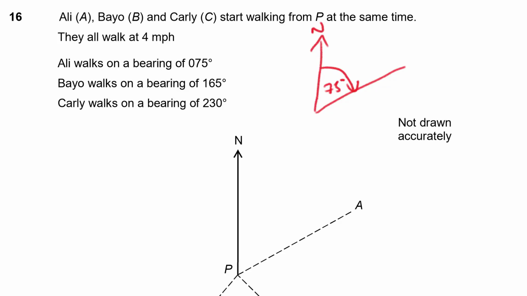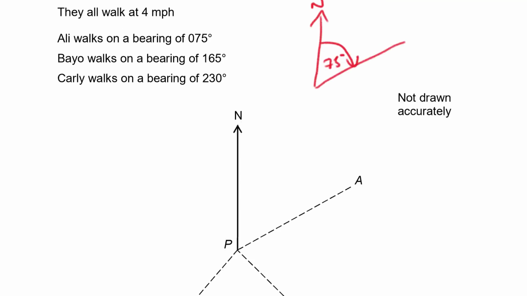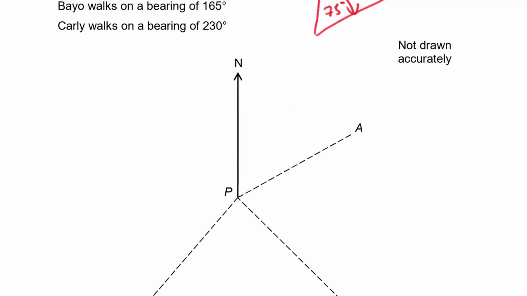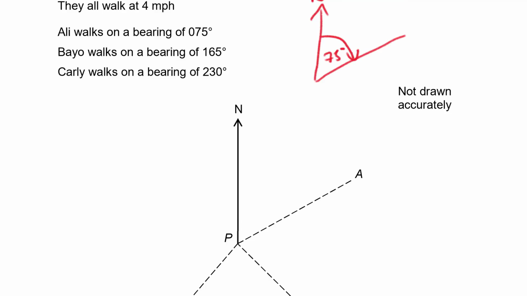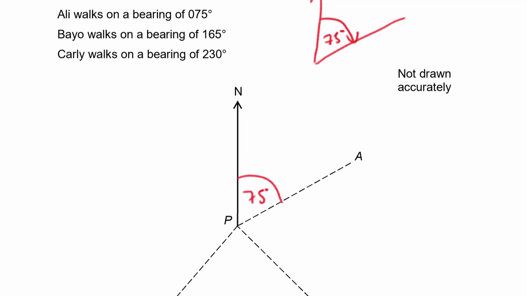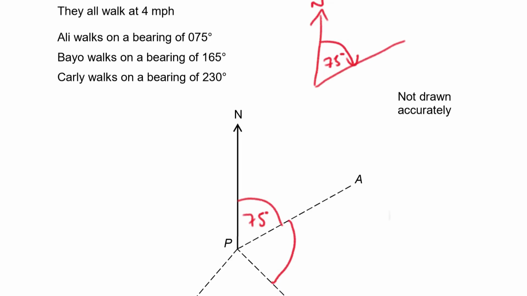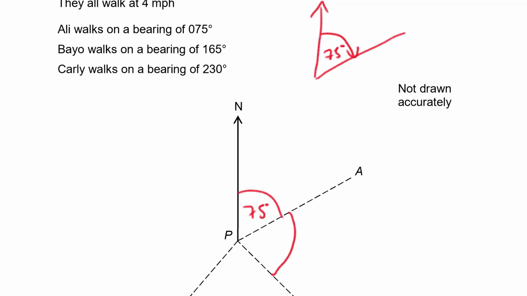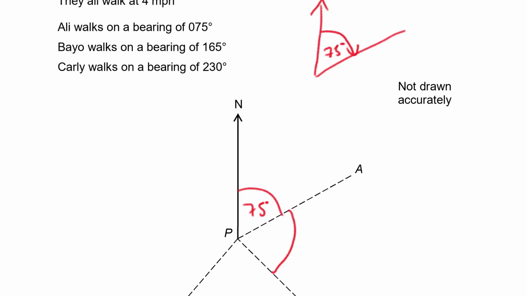Okay, so looking on our diagram here, I know that the angle between the N line and A has got to be 75 degrees. Now, the angle between A and B, well, we know that B is on a bearing of 165, but we've already got this angle of 75 taken out of it. So 165 less 75 would give me 90. So that angle there is a 90-degree angle.